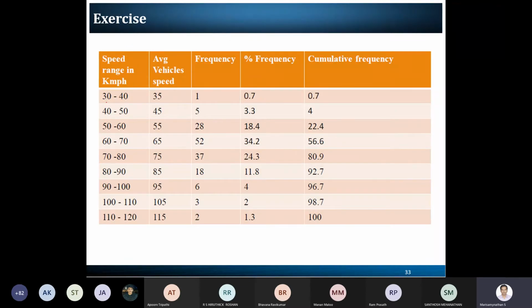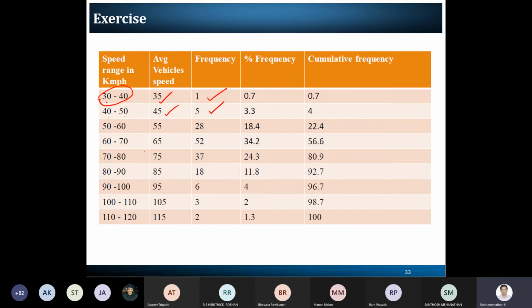The speed is given as 30 to 40. In this speed range, we have to take the mid value as the average, so 35. For that value, the frequency observed is 1. Likewise, for 40 to 50, the average is 45 and the number of vehicles observed is 5.